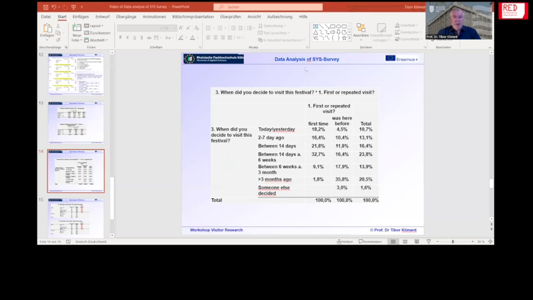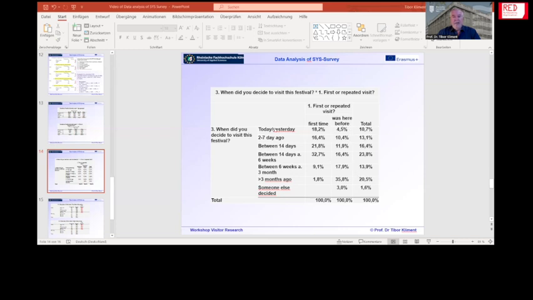Another question I mentioned is what is the best time to start the media campaign and to start the distribution of tickets? Here again, it's interesting to look at first-time visitors and regular visitors.